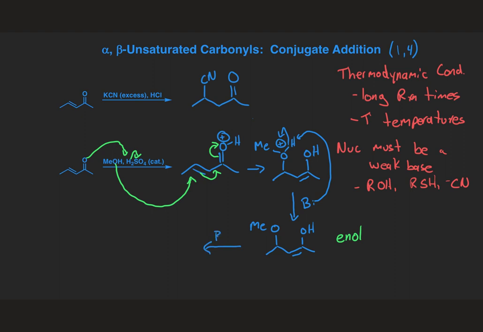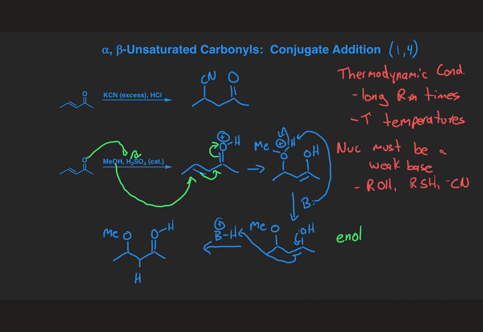And so I just formed this enol, and I'm going to protonate my alkene and kick some electrons down at the same time, and that is going to produce this intermediate here, where I've just added a proton there.